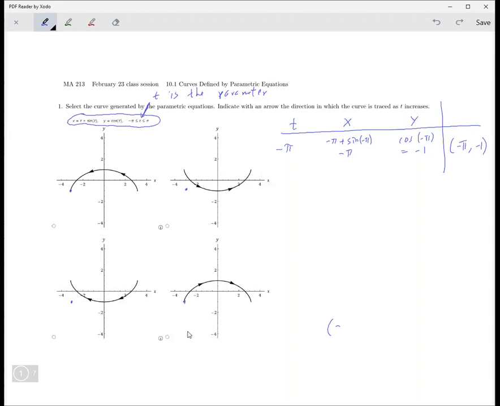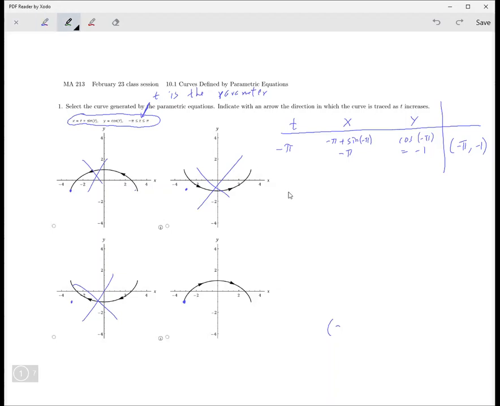And you can tell already that it's not going to be either of those two. And it's not going to be this one because the negative pi is the starting point. You see this curve has this point as the ending point. So this is the starting point right here. Okay, so that's out because it should have been at the end over there.